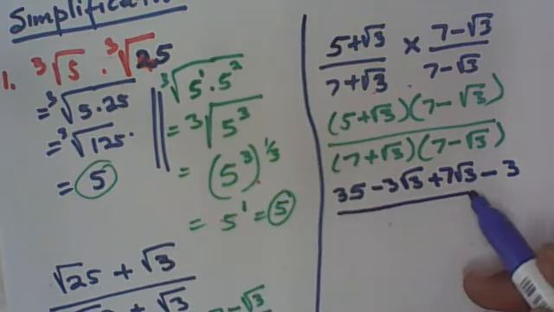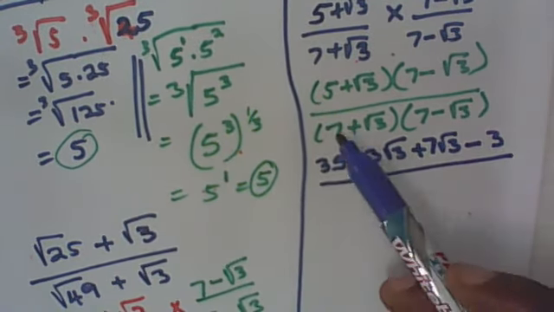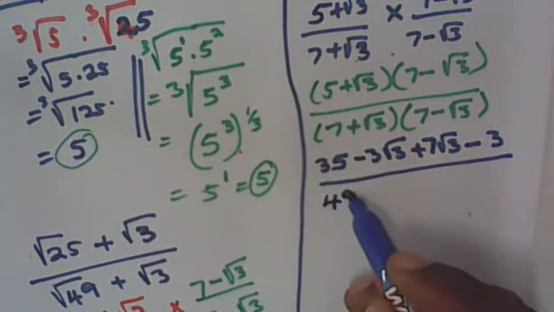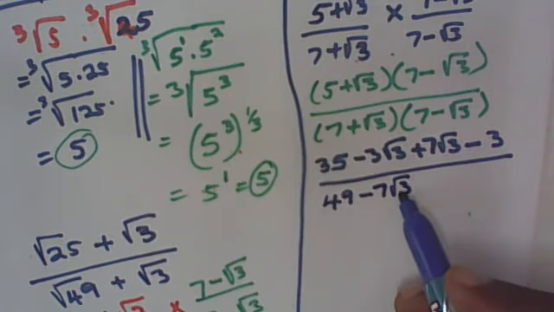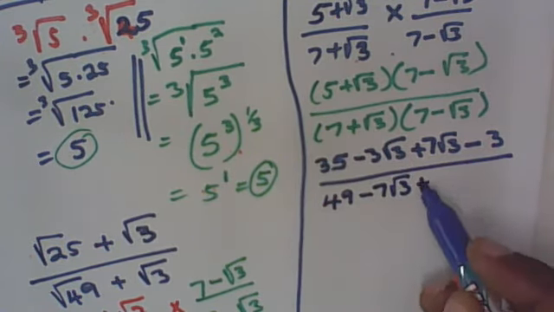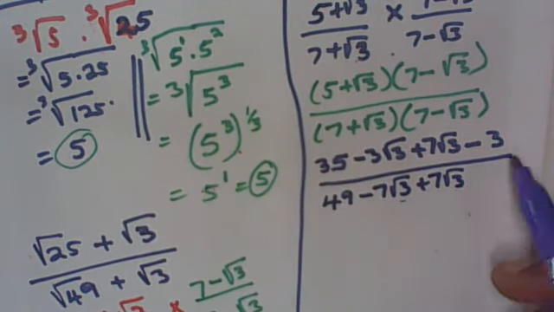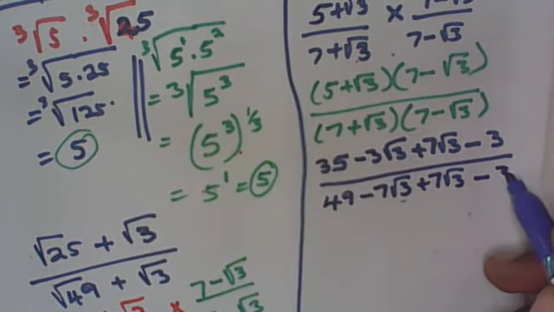Then all over, 7 times 7 is 49. 7 times negative root 3 is minus 7 root 3. This by that is plus 7 root 3. Now look at this, that is 0. Then this times that is minus 3.